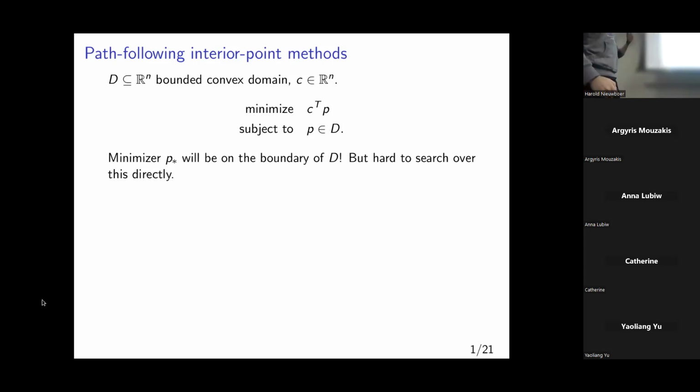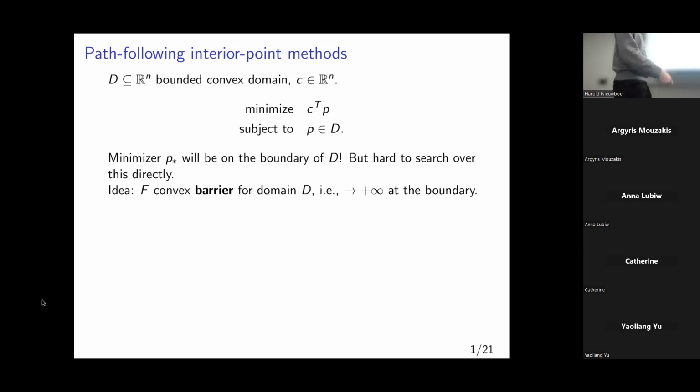And now the idea of a specific class of interior point methods, like these path-following interior point methods, is: what if we just don't try to search over the domain, but we start inside the domain and we slowly try to move towards the boundary in a way such that the boundary point we go to is actually the optimum.